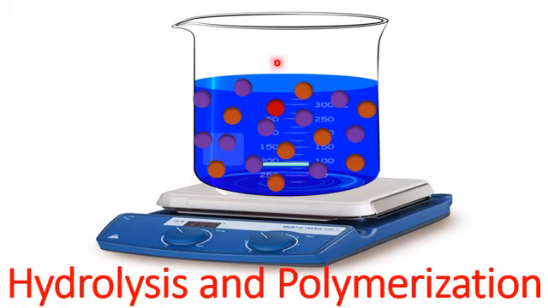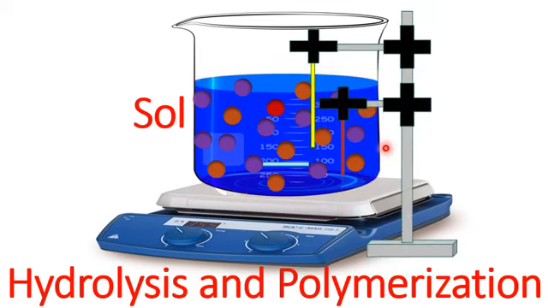Due to hydrolysis and polymerization, the precursor materials are basically converted into a sol. Sol, as I have previously discussed, is well dispersed particles in a range from 1 to 100 nanometer. So the sol is formed during the hydrolysis and polymerization of the sol-gel process.